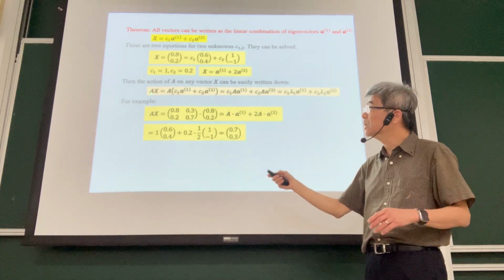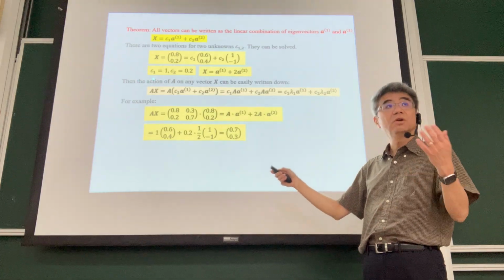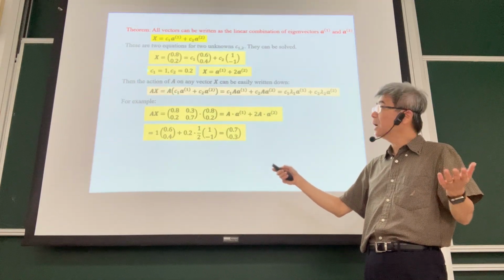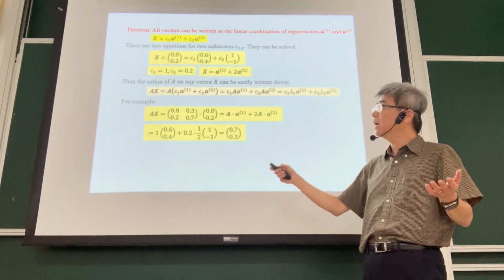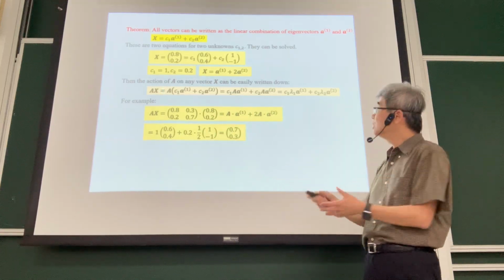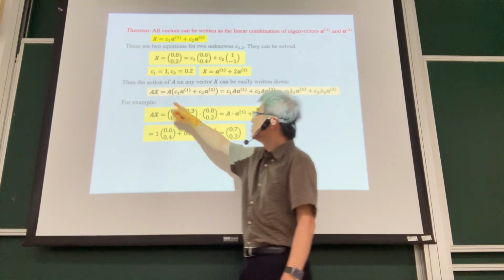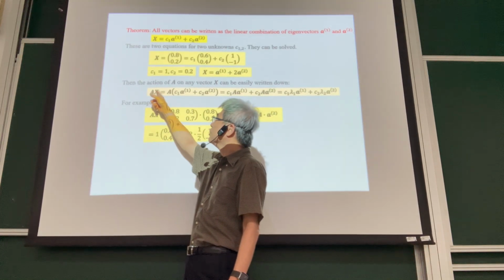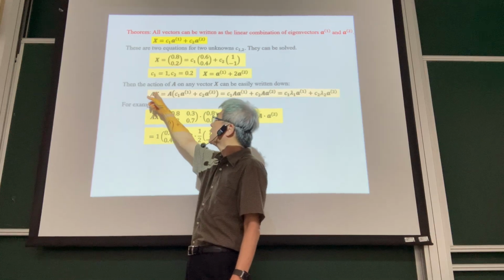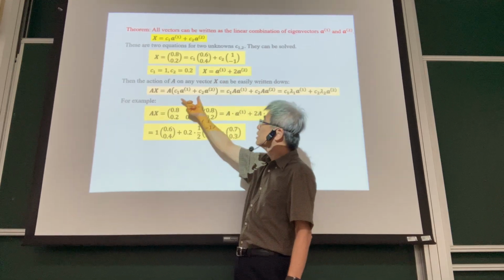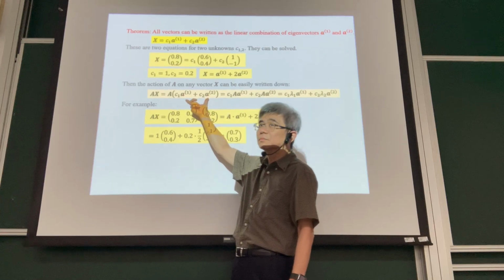So now I showed you that I can use the information about eigenvectors and eigenvalues. You don't need to tell me A. You don't need to tell me the matrix. But I can show you that A acting on X, A times X, could be easily calculated like this. When you multiply A with X, this X, as I have shown, could be decomposed in this form.